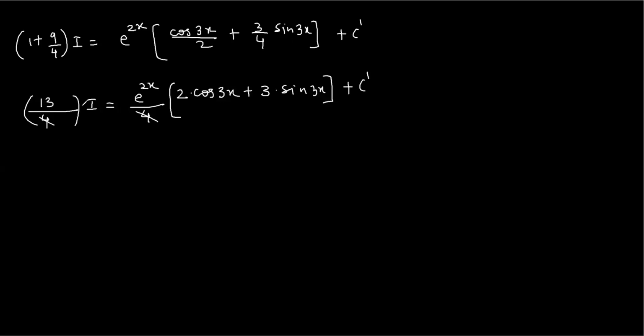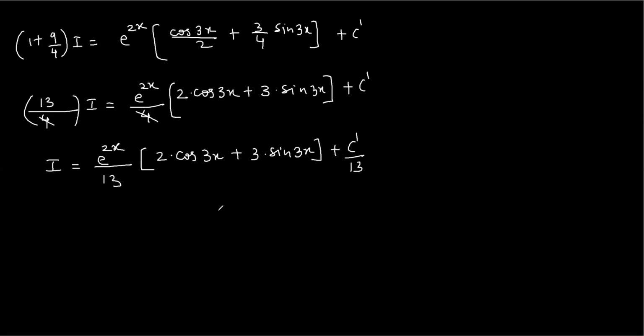I divide by 13 throughout. That is, I take this 13 to the right side in the denominator. So I equals e raised to 2x upon 13 times 2 cos 3x plus 3 sine 3x, plus c dash upon 13, because I'm dividing throughout by 13. In the next step, c dash upon 13 I shall write as c.